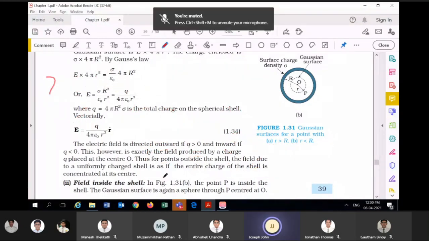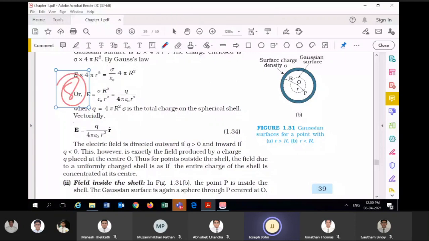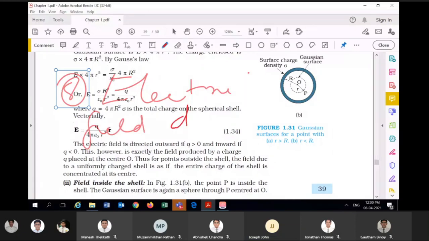Eighth one. Electric field due to a spherical shell.